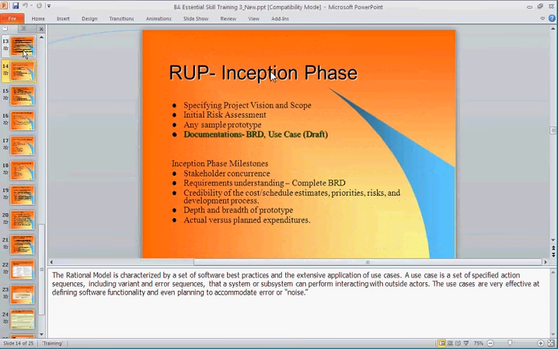Okay? Typically, if you can do one project using one methodology, you can do it using any other methodology. All right? So you can use the RUP methodology to build a website as well. However, is it recommended? Now, if you don't have to worry about cost and time frame, sure, you can use RUP methodology.